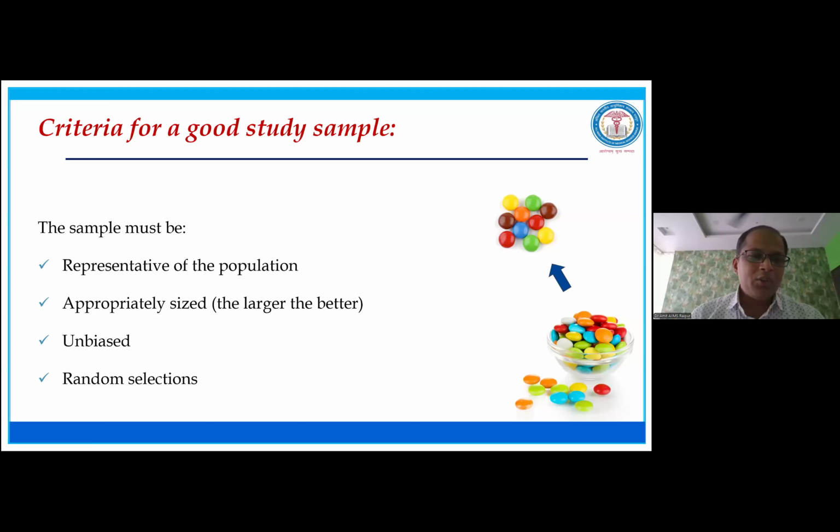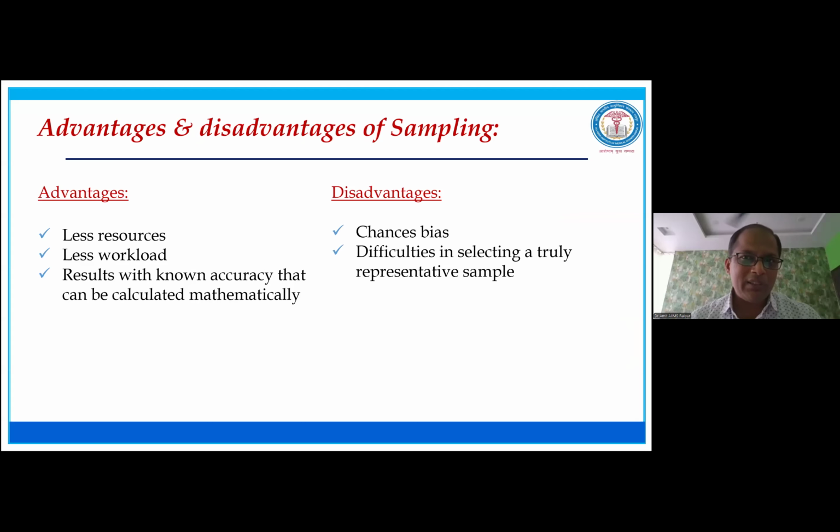So there are many advantages of sampling when we take a small sample rather than the whole target population, because it reduces the resources like men, money, and materials, and also it reduces the workload on the researcher. Again, if we do proper sampling, then we get results with known accuracy, and we can extrapolate those results or findings to the target population.